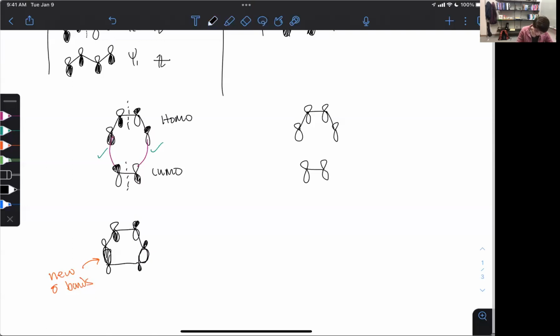There we go. Okay, so we've got our new sigma bonds here. But what's going on back here, right? We've got two p orbitals that we essentially haven't touched. This is going to form your new pi bond.